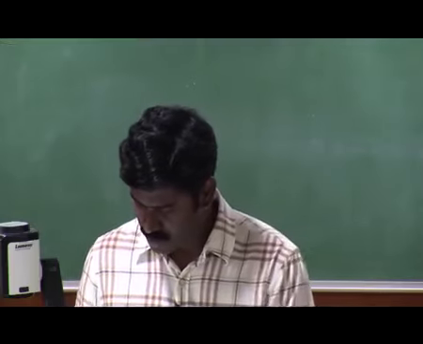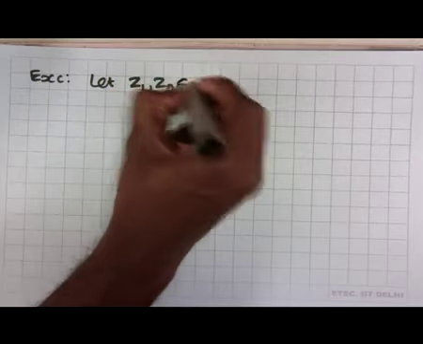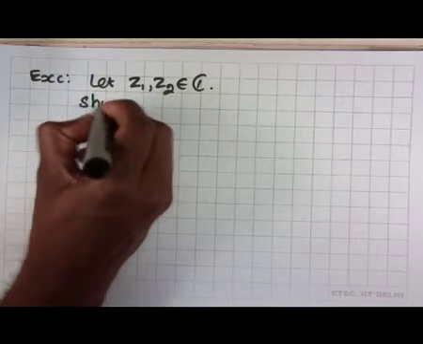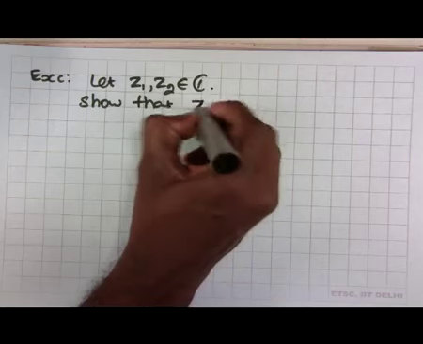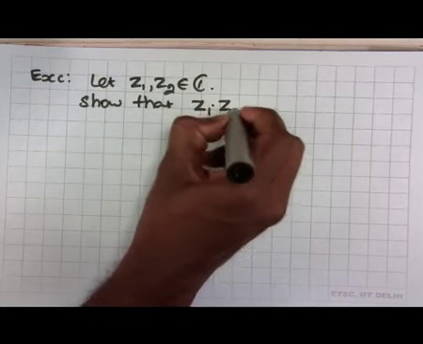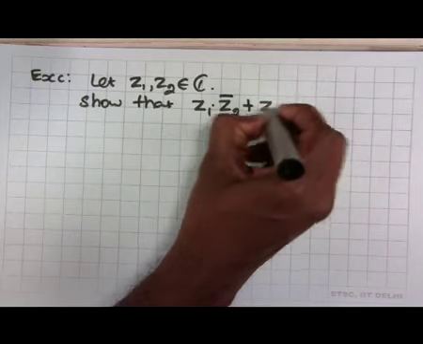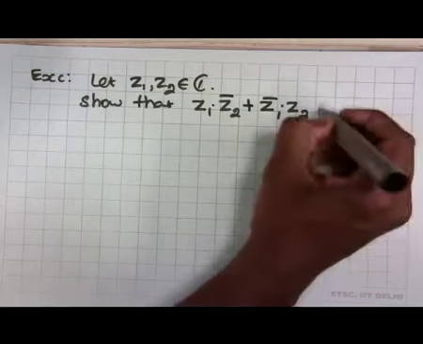One simple exercise: let z1, z2 be two complex numbers, then show that z1 multiplied by z2 bar combined with z1 bar times z2 is a real number.